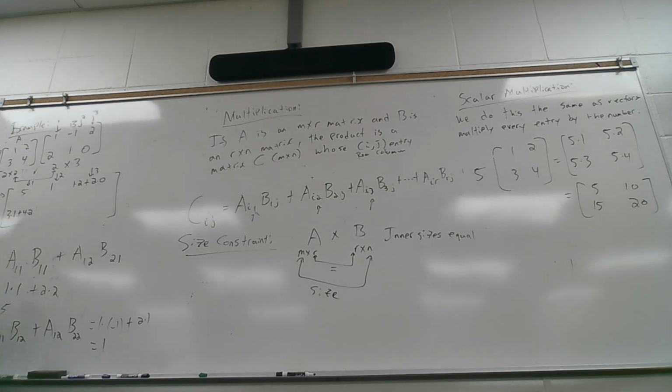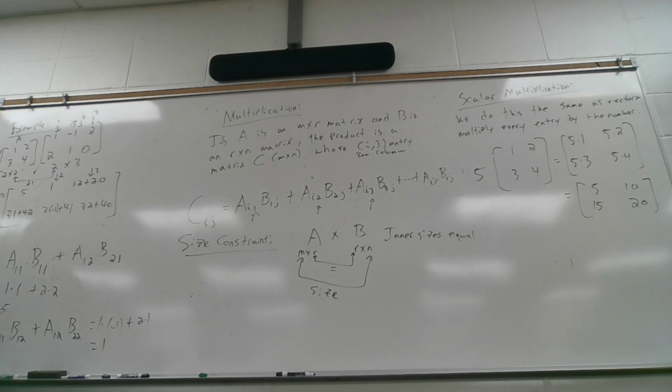Like that. And rinse and repeat. Row 2, column 2, 3 times minus 1 plus 4 times 1. And the last one, row 2, column 3, 3 times 2 plus 4 times 0.